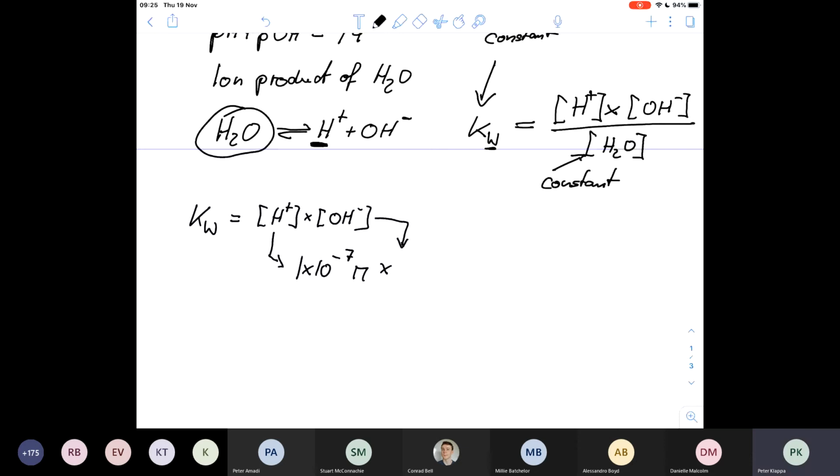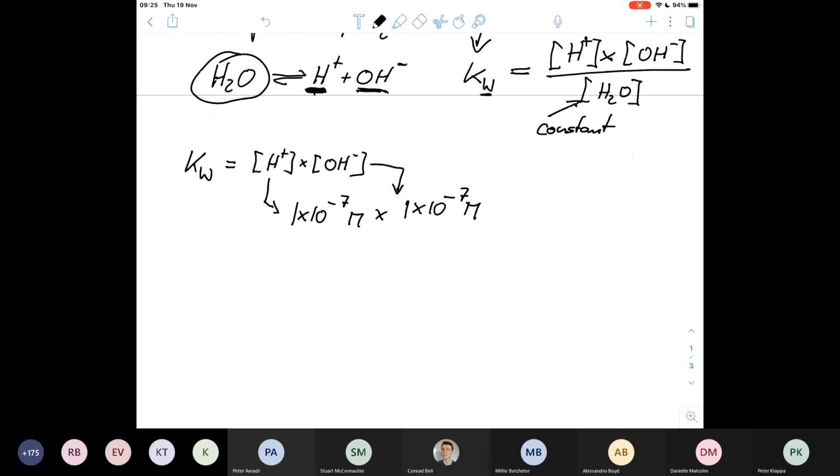It's also 1 times 10 to the minus 7 molar, because for each proton that we get, we also get 1 OH minus. So what do we get if we multiply 1 times 10 to the minus 7 times 1 times 10 to the minus 7? One times 10 to the minus 14.